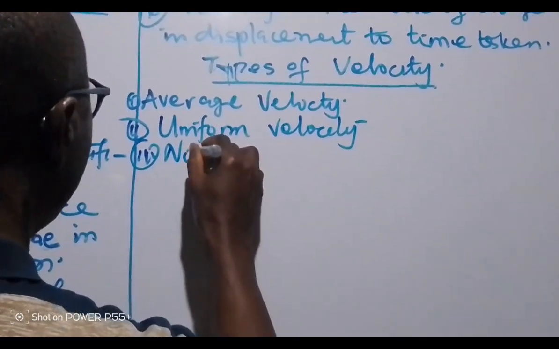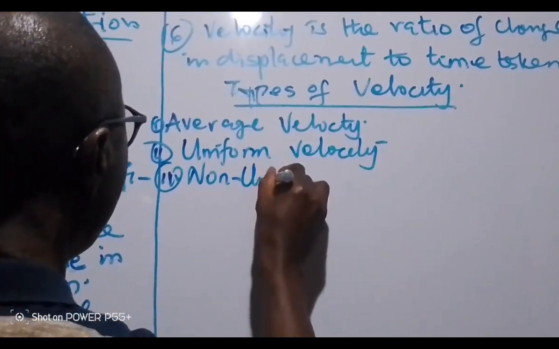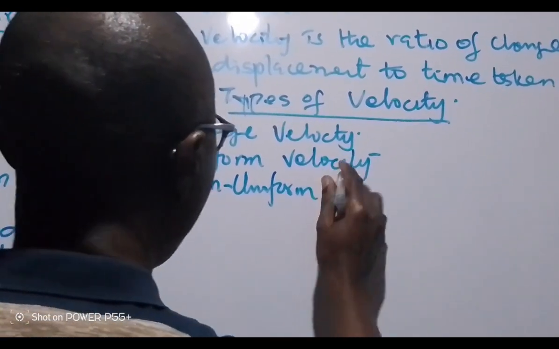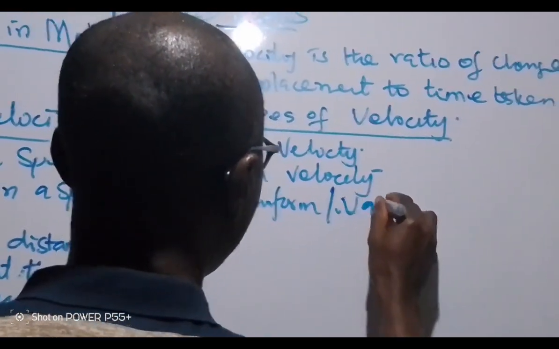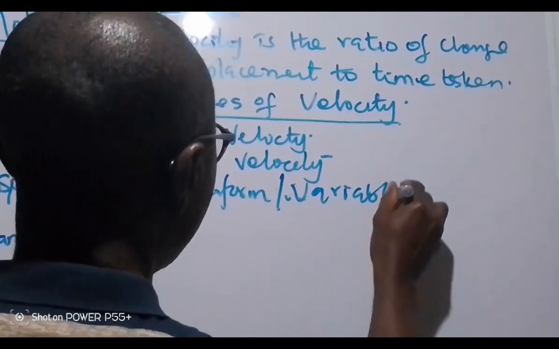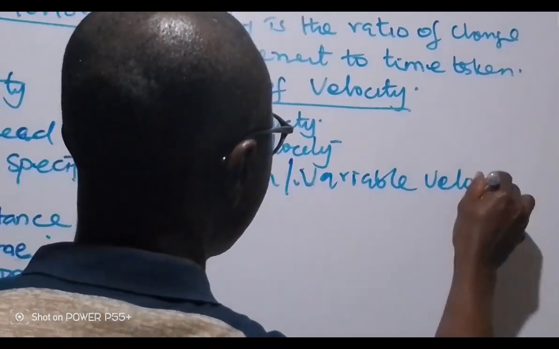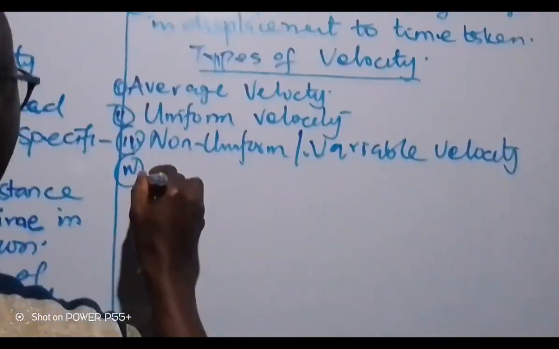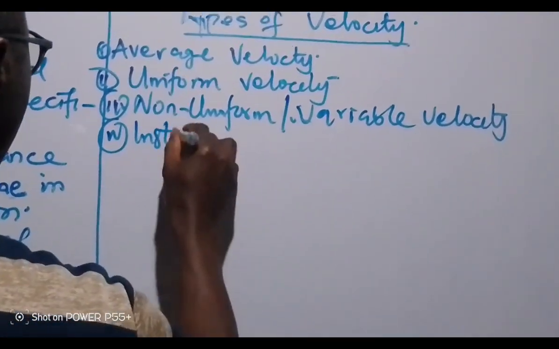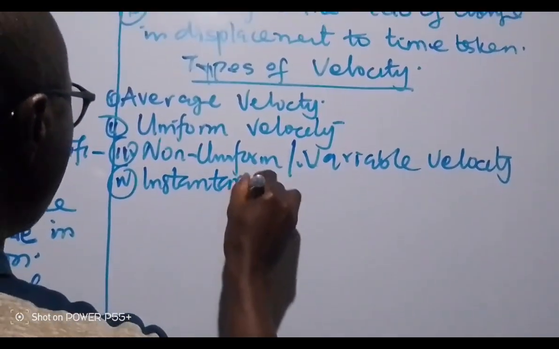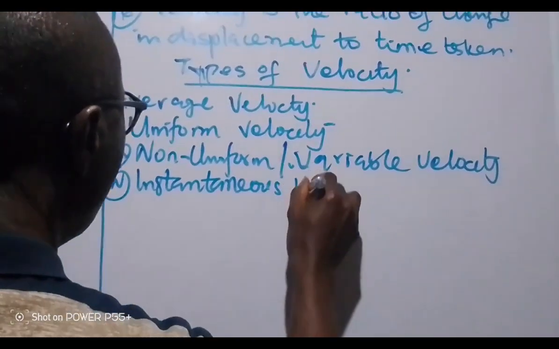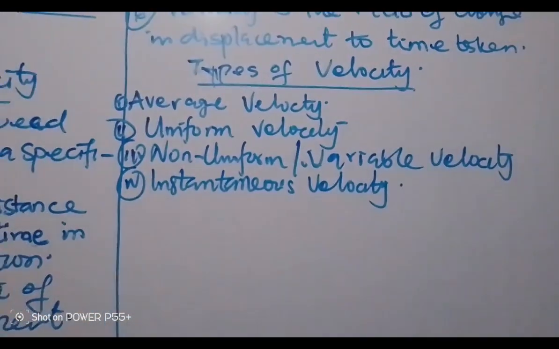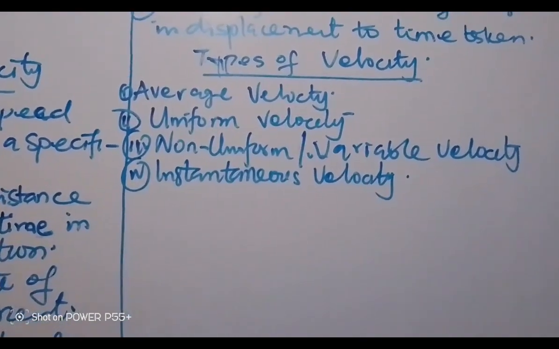Non-uniform velocity, or you call it variable velocity. 4. Instantaneous velocity. Let's take it one after the other.